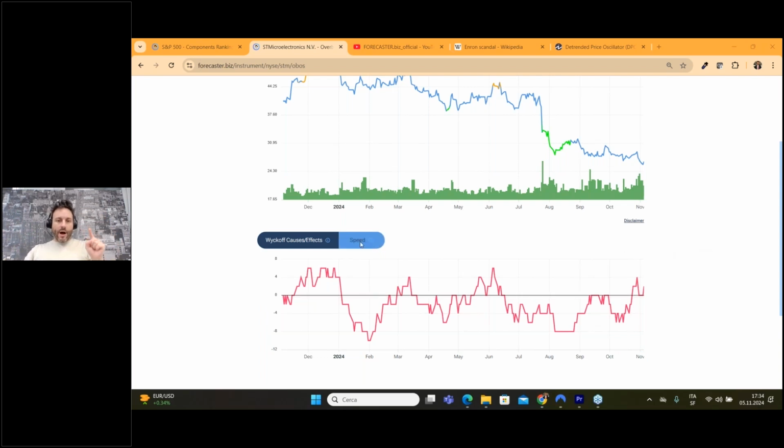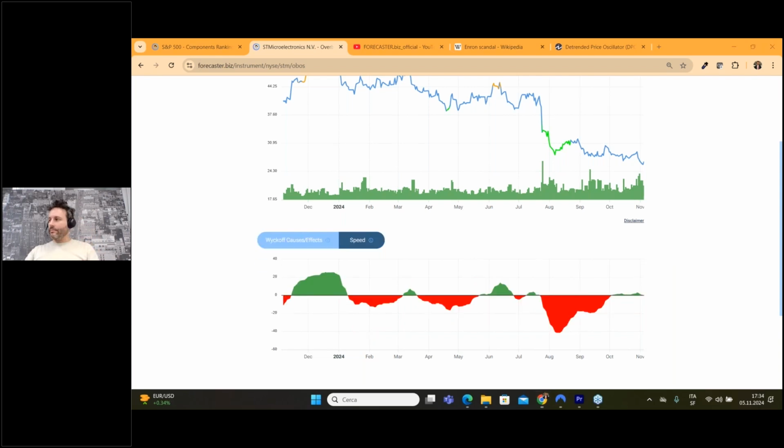We have one last check to do, which is the speed indicator. And what the speed does is something really easy. We calculate the speed of the price as if it was a car. Very simple. We calculate the speed of prices as you can calculate the speed of a car. Very simple. In this case, look what happened.